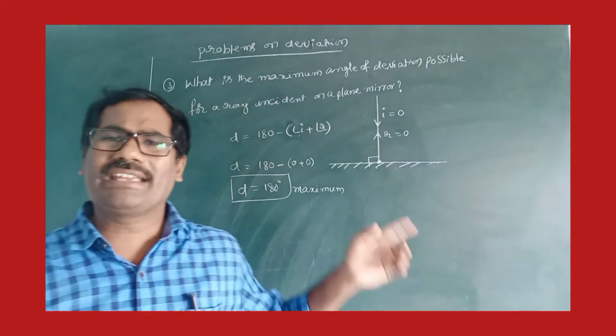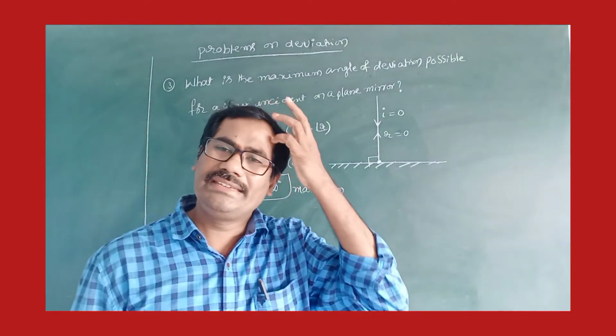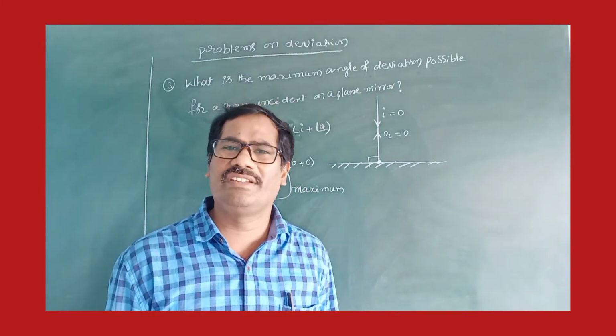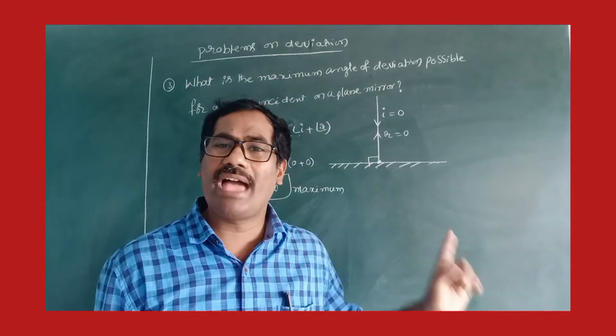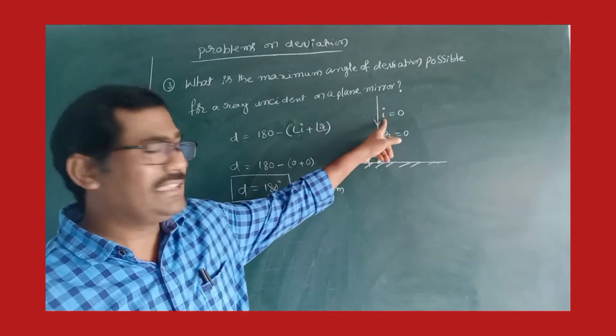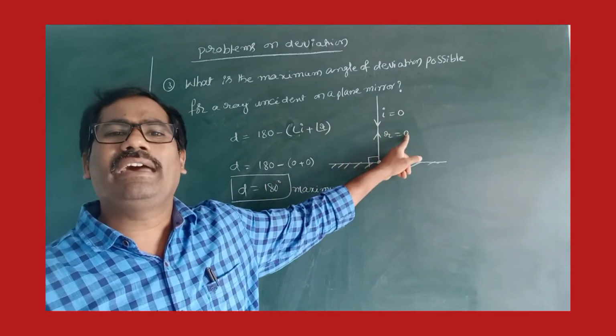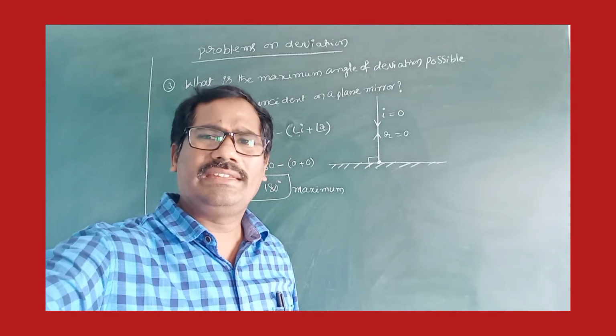Then the maximum angle of deviation D is equal to 180 degrees. When i equals 0 and r equals 0, the angle of deviation is 180 degrees.